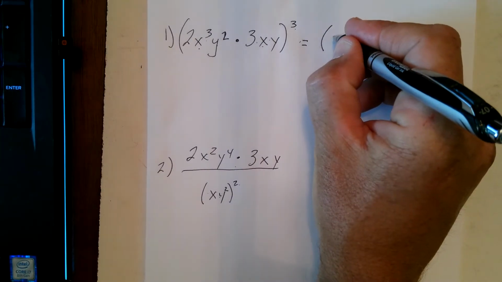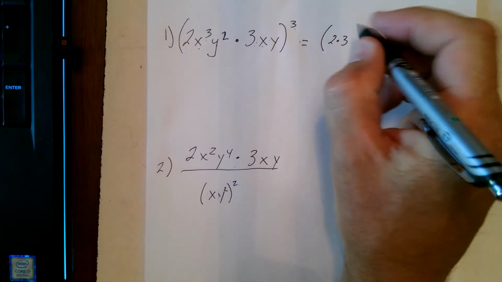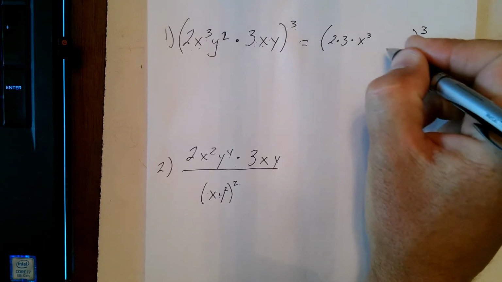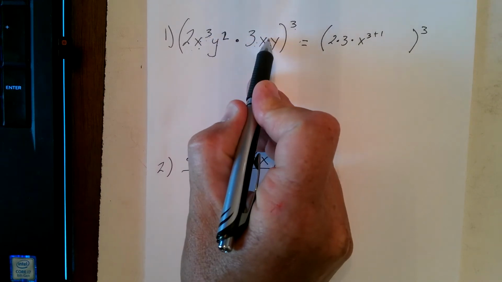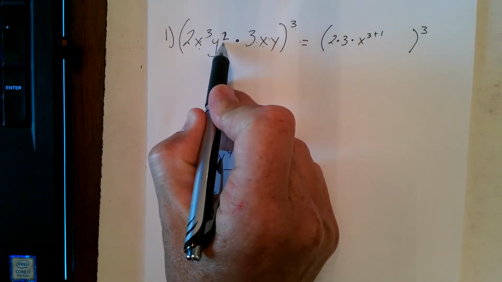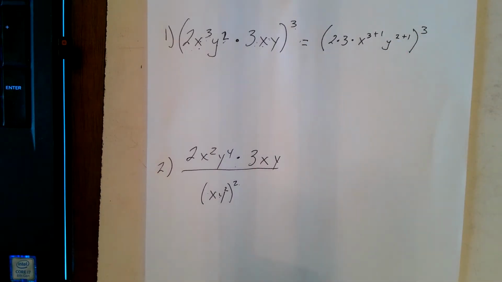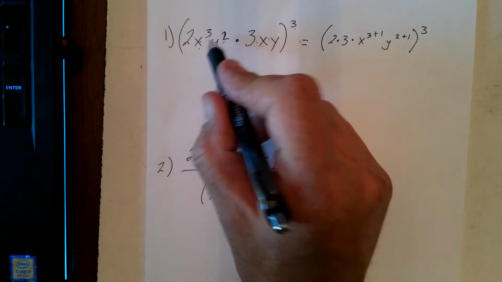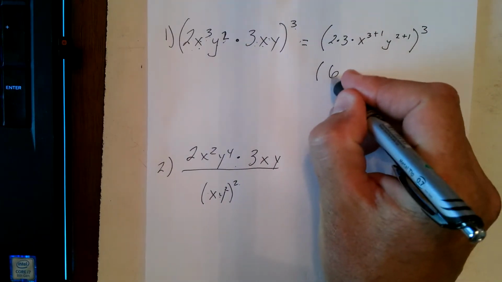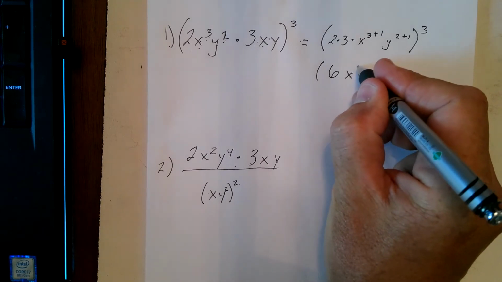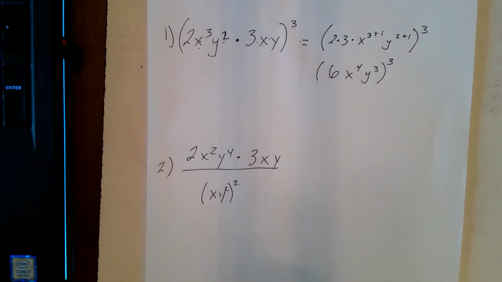We're going to get 2 times 3, which is our two coefficients, times x to the third plus 1, and y to the 2 plus 1. So we're doing everything inside the parentheses first. That breaks down to 6, x to the fourth, y to the third, all taken to the third power.